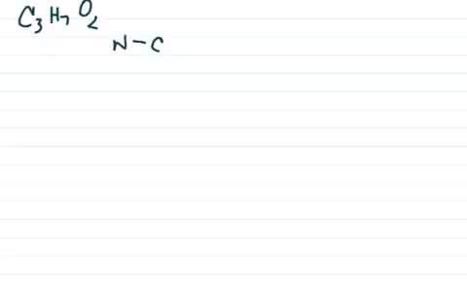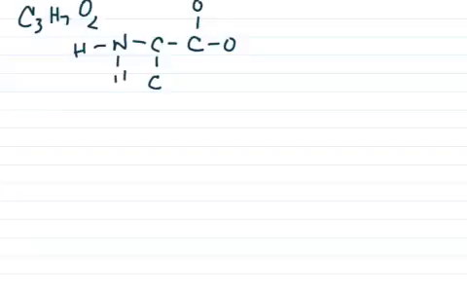So let's see if you can get this structure and name it. So we have C3H7O2. Now if we draw this out, we have carbon, let's put a nitrogen at the end, carbon, maybe a carbon here, an oxygen, and an oxygen. And then we add our hydrogens. This one needs a hydrogen.